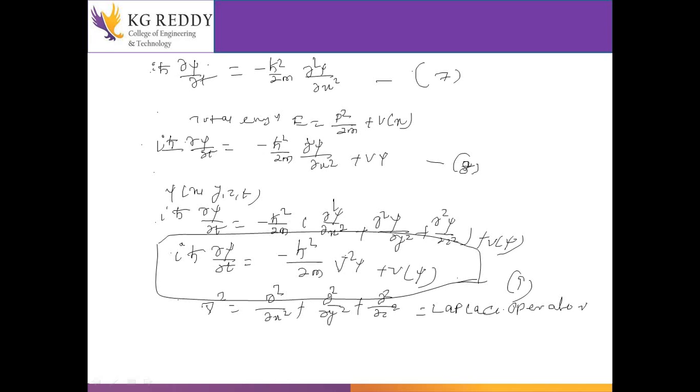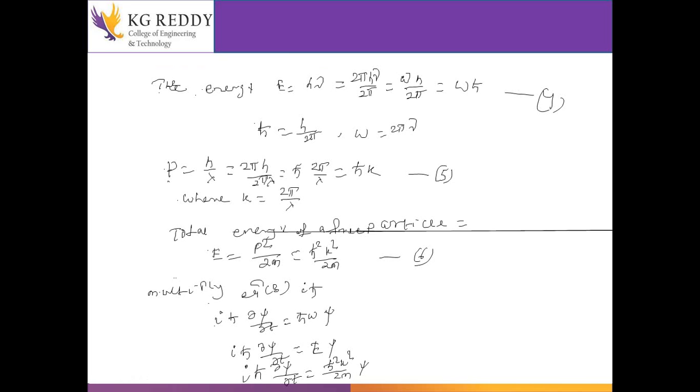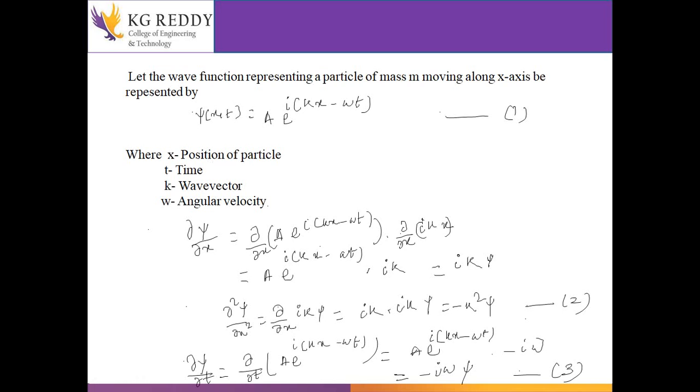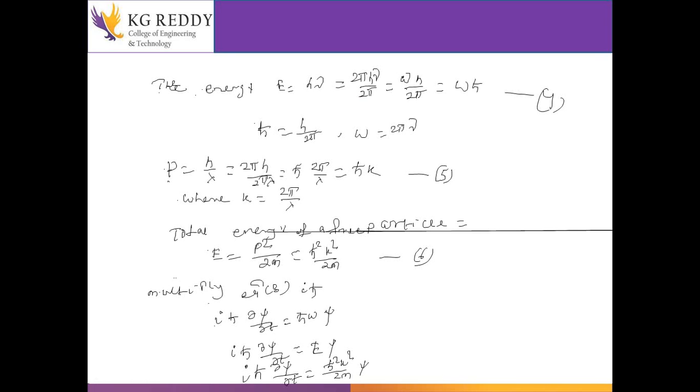Now we will find the time independent Schrodinger equation. How will we write it? This factor depends on time. We will place that equal to Eψ. Already we discussed this in an earlier equation. See here, Eψ.